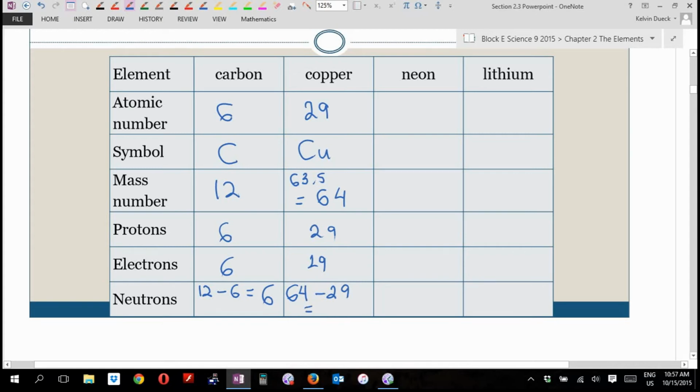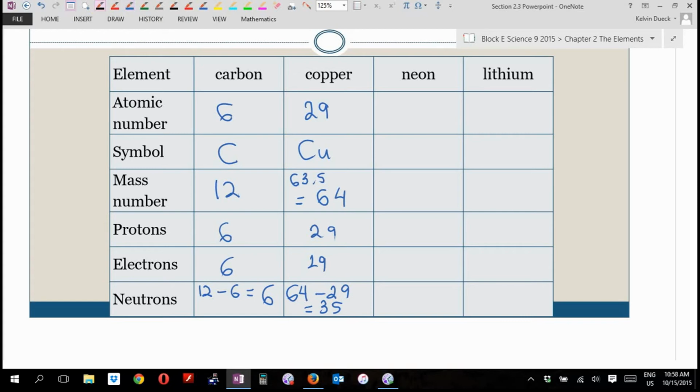Well, 64 take away 30 would be 34, so take away 29 would be 35. I grew up without a calculator, so I have lots of tricks for doing math in my head. Again, either do the math in your head correctly or bring a calculator. What I will not let you do is use your phone. Too easy to cheat, because there's apps that will do all this for you.